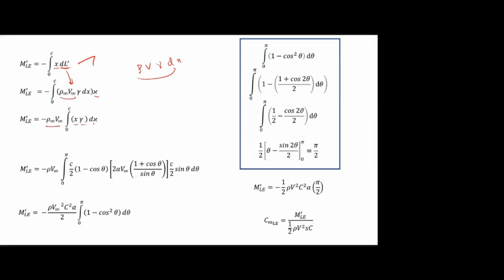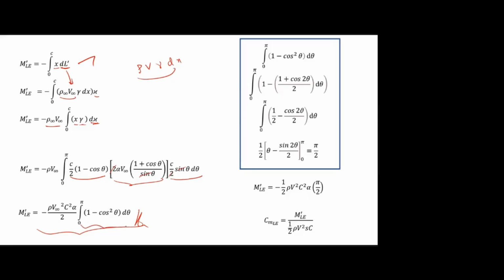Remaining is x gamma dx. Again we have to do the coordinate transformation. Instead of x, we write c by 2 into 1 minus cos theta. dx is c by 2 sin theta d theta, and gamma we already got. Substitute, simplify, sin theta gets cancelled, 2 gets cancelled, c square by 2 you can take outside. You will simplify and get this equation.